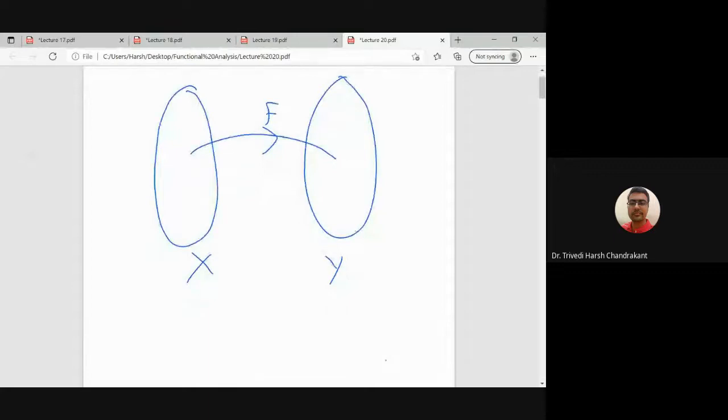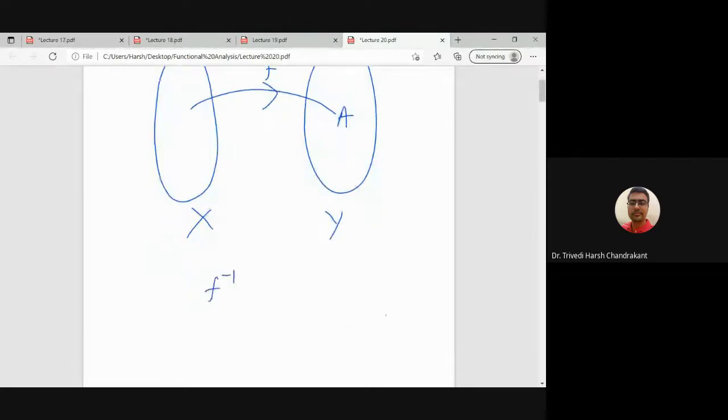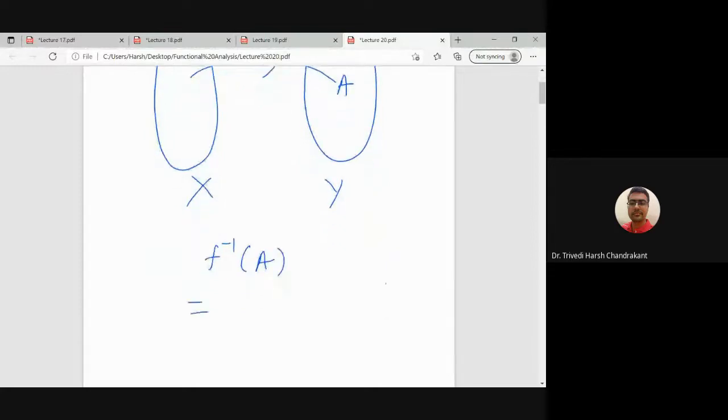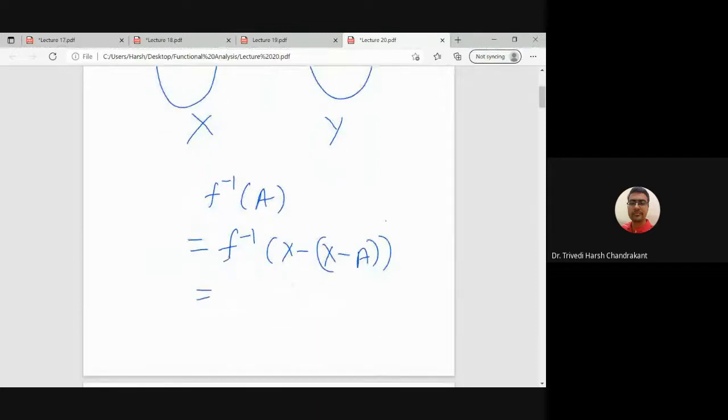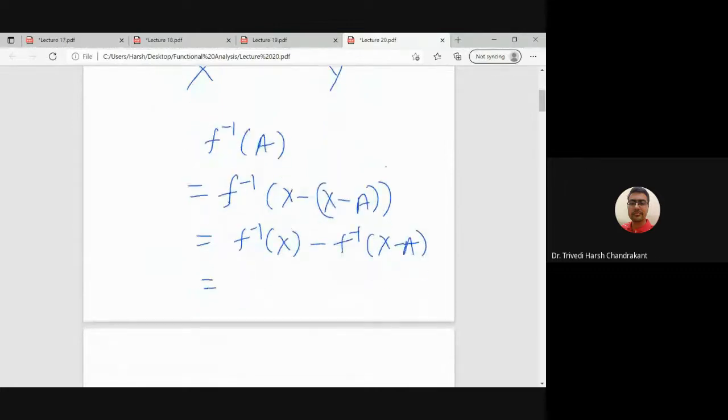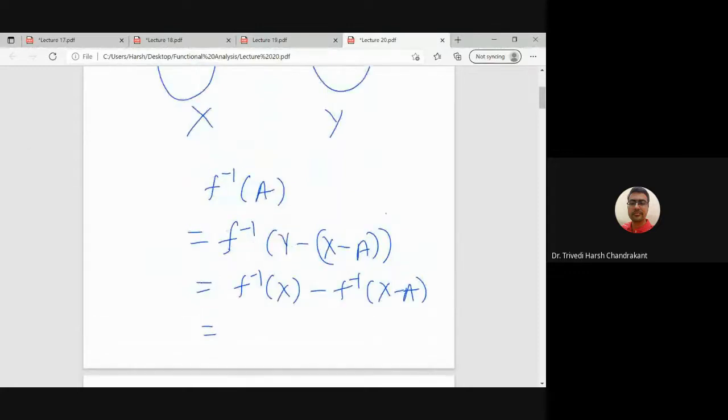Basically, if we take any closed set, let us say A is a closed set, then what will be f inverse of A? f inverse of A is f inverse of the complement of the complement of A, which is f inverse of Y minus f inverse of Y minus A. I should take the complement in Y because A is a subset of Y. And f is a function from X to Y, so f inverse of Y must be X. And since A is closed, Y minus A is open.